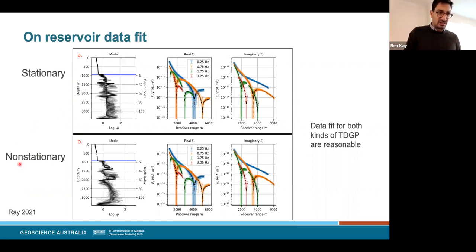However, when you use a non-stationary formulation, just look at what happens at 2 kilometers depth and look at what happens above. If you had to pick a reservoir using this versus this, you probably would go with that, right? And they're both able to fit the data relatively similarly. The only difference between the two is that one uses this idea of inverting for the length scales as well.